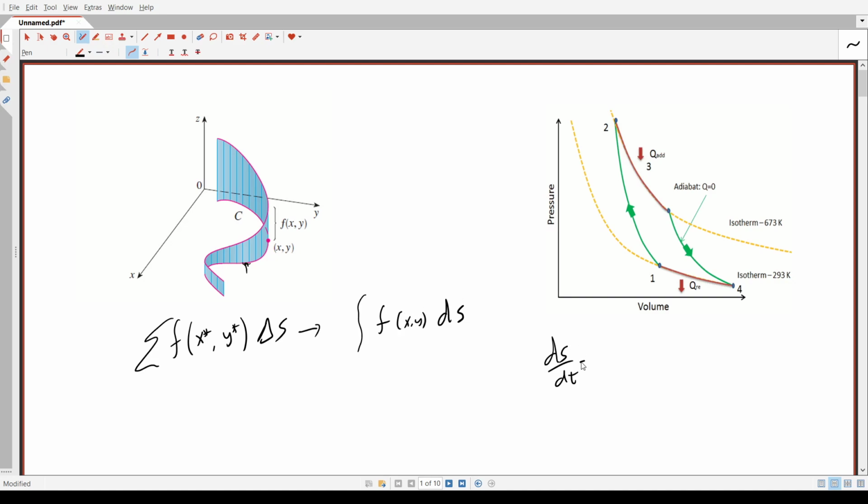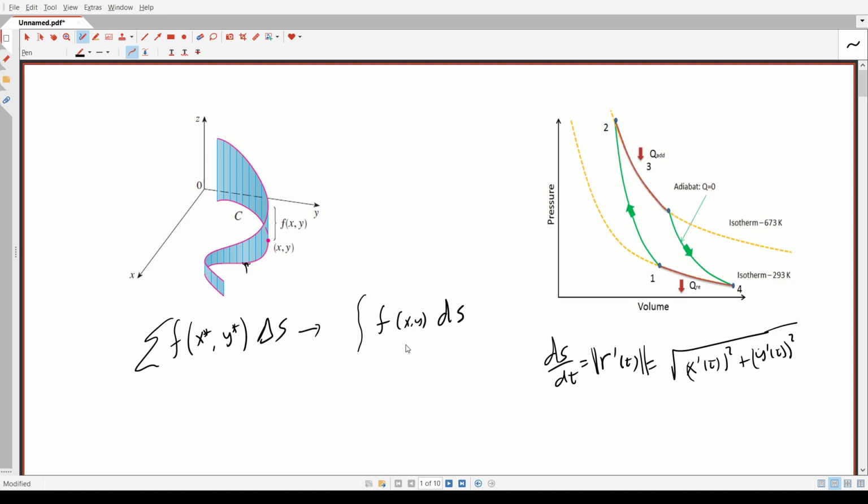So we also said that that was equal to r prime of t. Okay, that's fine. But what is r prime of t? That is the square root of x prime squared plus y prime squared. I'm sorry, not r prime, because this is a scalar. It should be the magnitude of r prime.